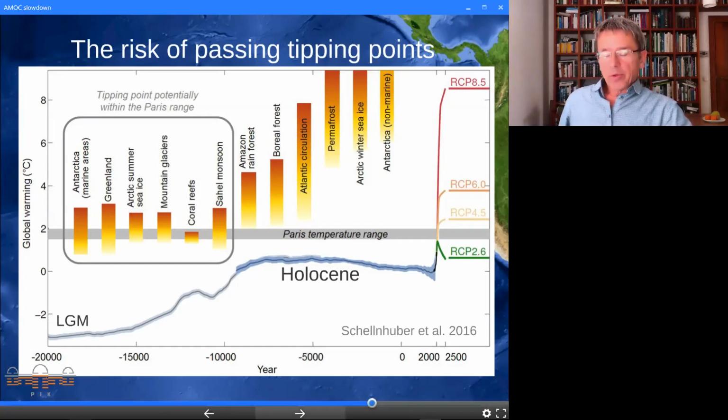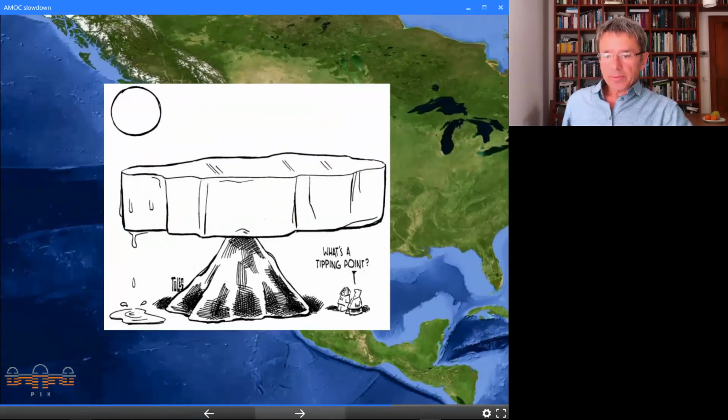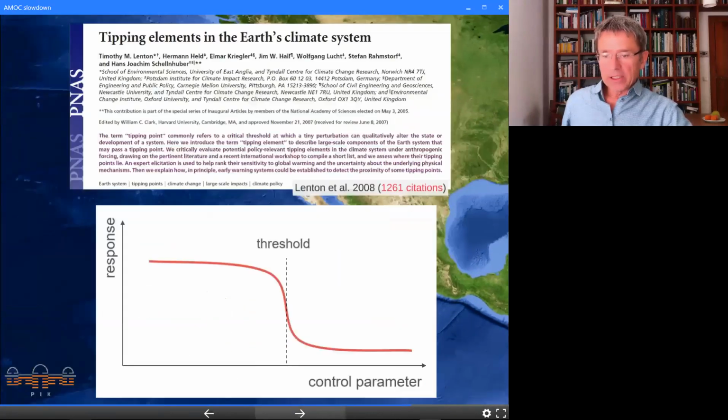So there are many tipping points there, but what about the AMOC? Or, sorry, I forgot I had this nice slide. What is a tipping point is the question I want to first briefly discuss. So what is a tipping point? It has been defined in this review paper, Tipping Elements in the Earth Climate System, by Tim Lenton and co-authors, several of them from the Potsdam Institute.